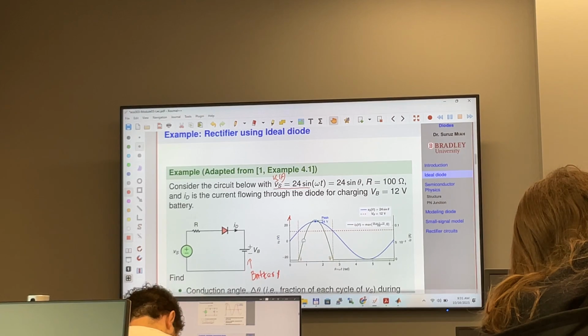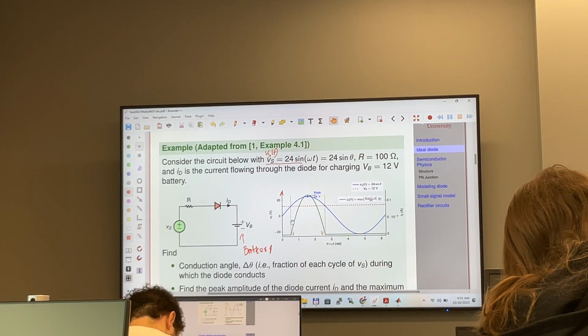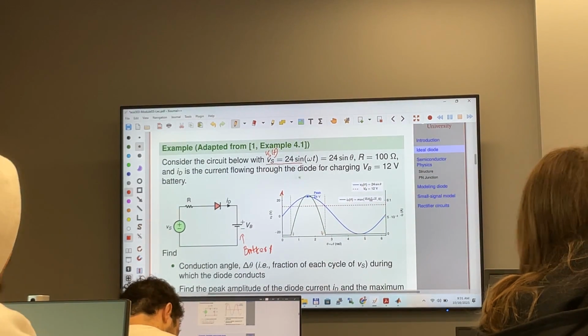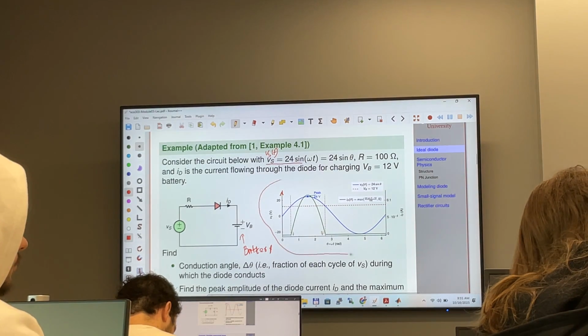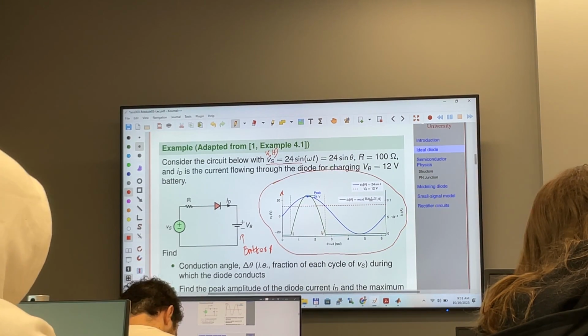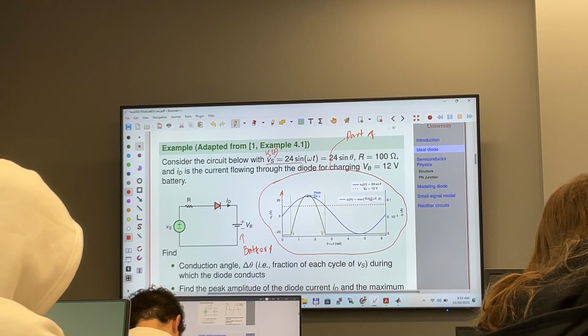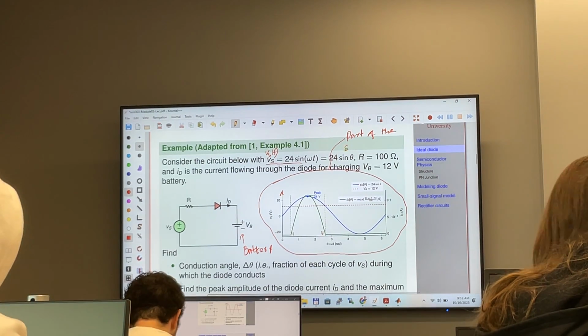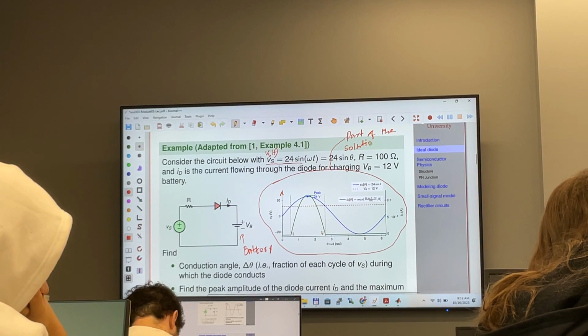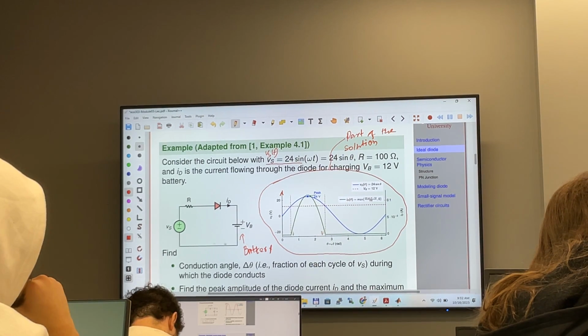Now, the question here. Guys, this entire plot I put here is part of the solution, and I'm going to mention one part at a time.